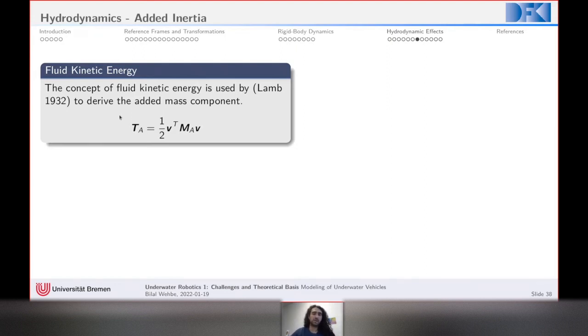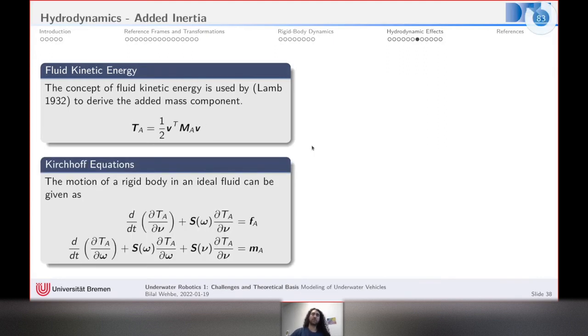So let's define again, as I said, the kinetic energy of the body, which is basically just half mv squared, or if we are talking about a rigid body, half the velocity transposed times the added mass matrix times the velocity. Now, Kirchhoff's equations are basically an extension of the Lagrange equations for a fluid.